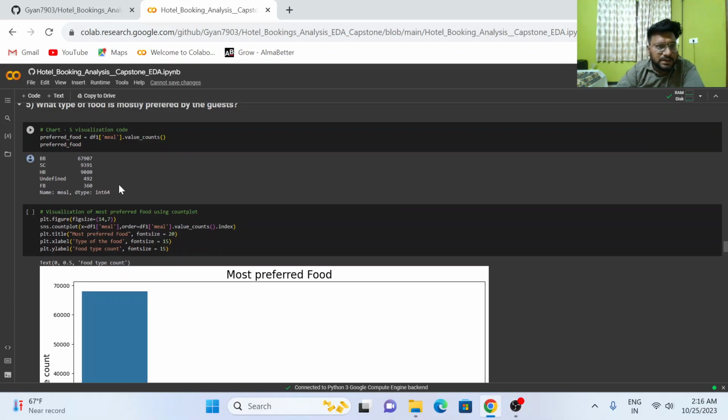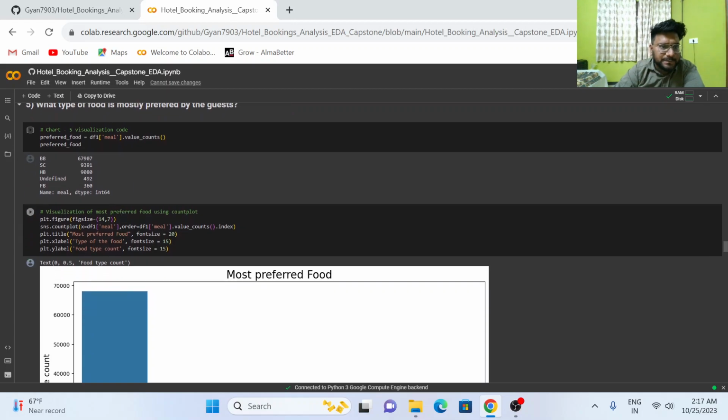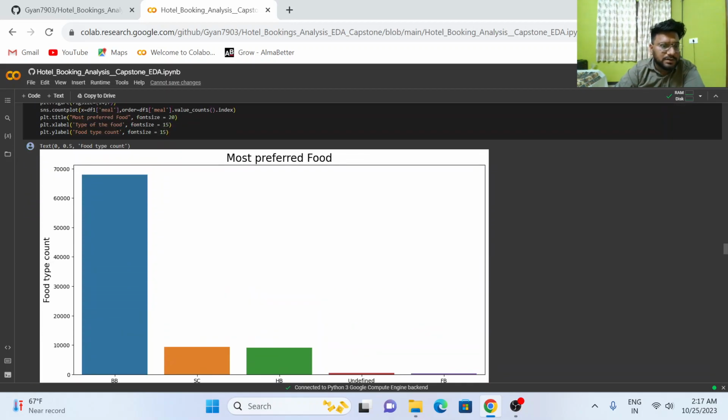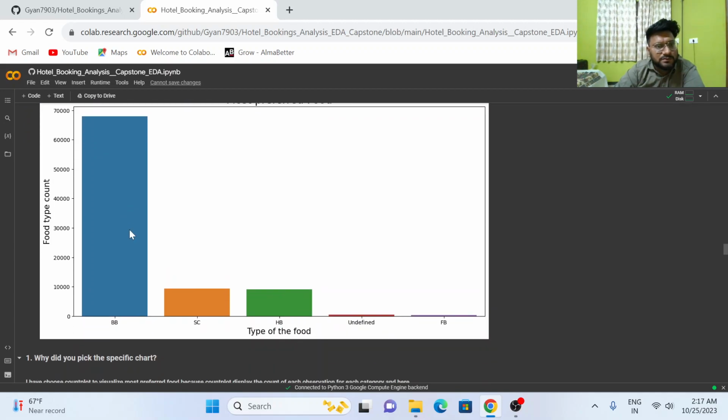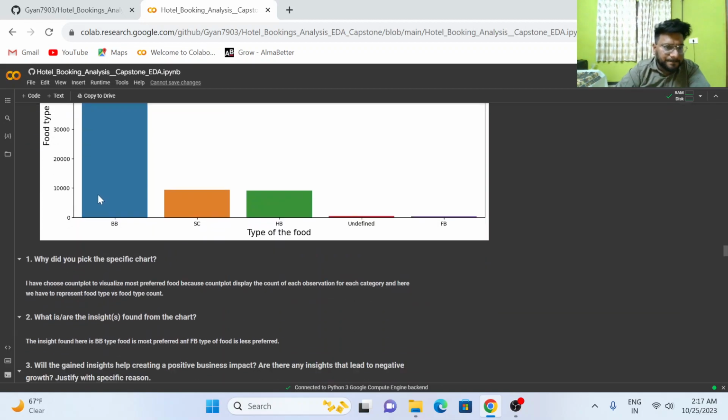There are 5 categories of food which were defined, and the BB type category had the highest turnout, which was 67,907, and the second highest was the SC category, which was 9,391. In the representation of the chart, you can also see the BB type had the most turnouts.